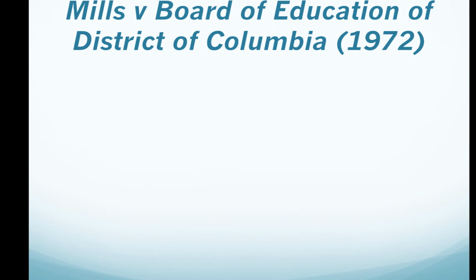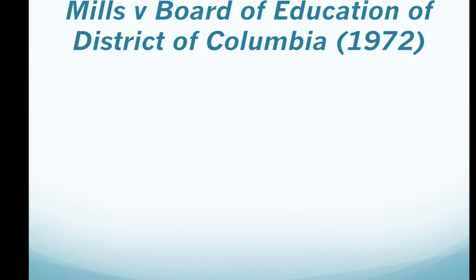Mills versus Board of Education for the District of Columbia. This is another case where, let me get my notes. It was 7 students who sought rights not to be excluded from DC schools. And the school district basically said, we don't have the money to provide services for them, so you're out of luck.